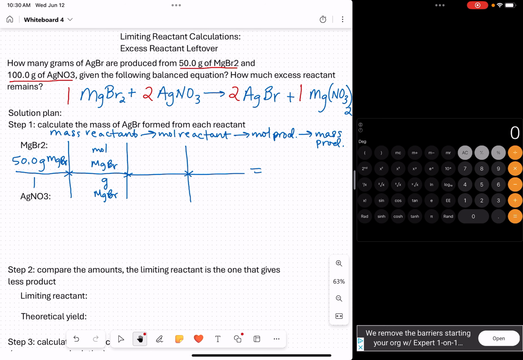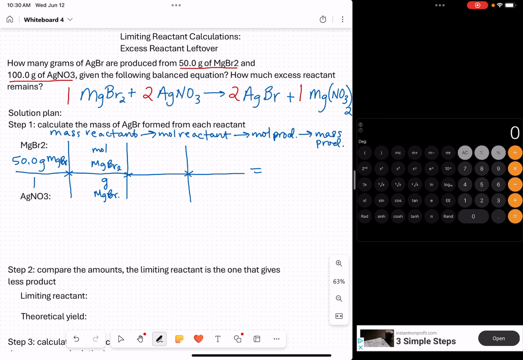And the molar mass of magnesium bromide is 184.1. That is what you get when you add the weight of 1 magnesium to the weight of 2 bromines from the periodic table.